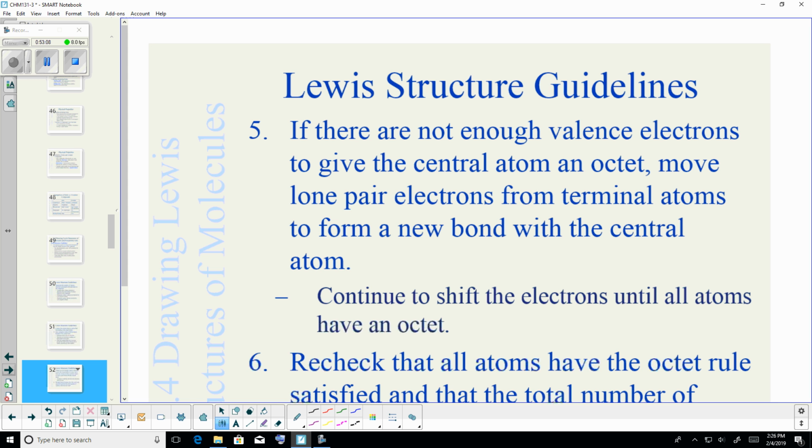If your central atom still needs electrons, borrow from terminal atoms. To form, I'm going to put it double or triple bonds.